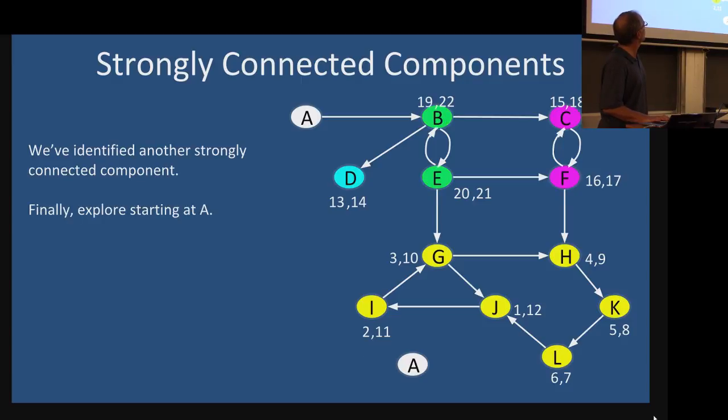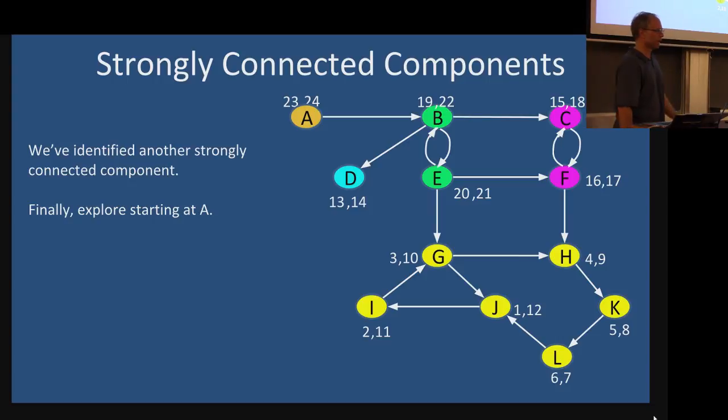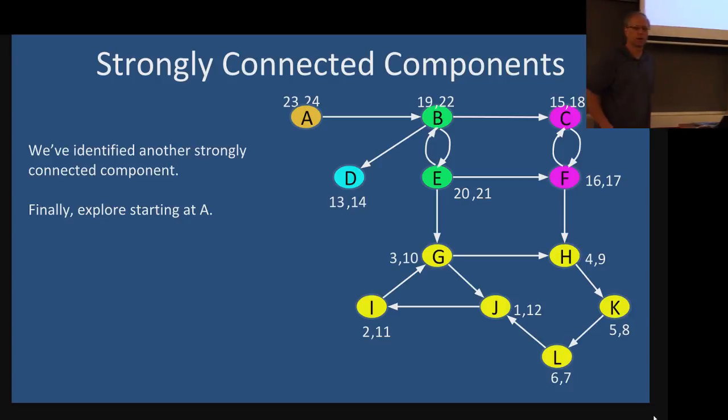And finally we do A. So we reverse the graph, obtain this ordering, use that ordering to control the restarts of the depth first search over here. And each time that DFS calls explore, it finds a strongly connected component. Cool algorithm.